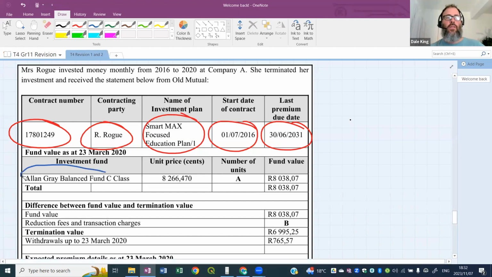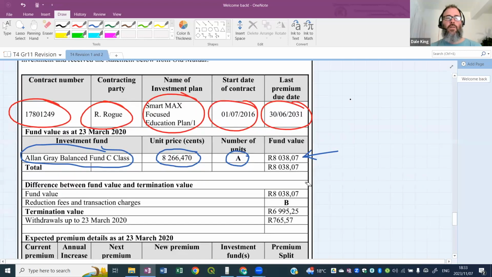You invested in this company. This is the unit price for each of the shares of this investment. This is how many units you have. We don't know what that is. And this is the value of the fund that you invested. So that's how much your units of that business are worth now.